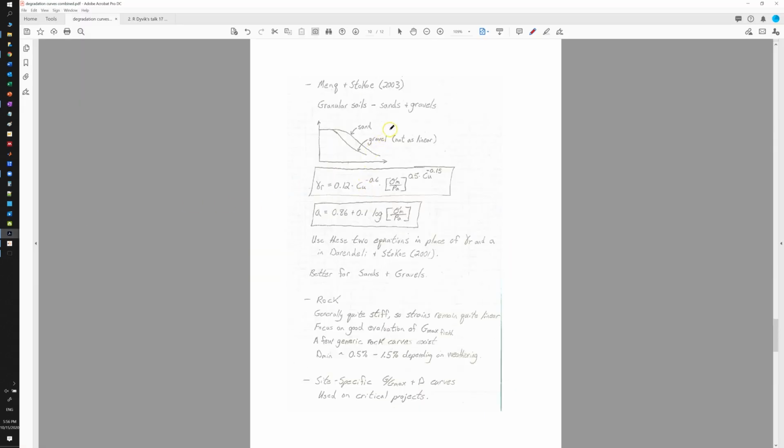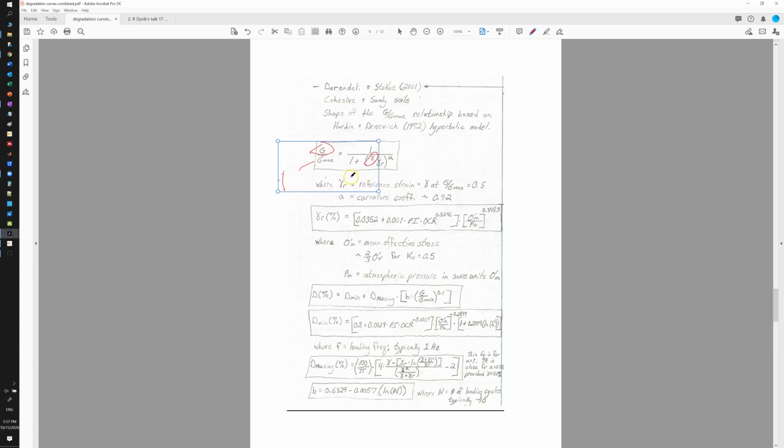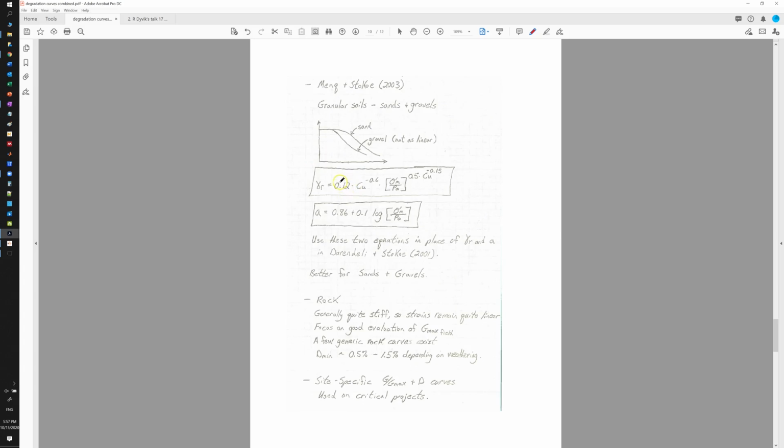So this is the Menq model, which only works for granular soils that you can use too, and pretty much some update based on the reference strain. So these two are compatible with each other.